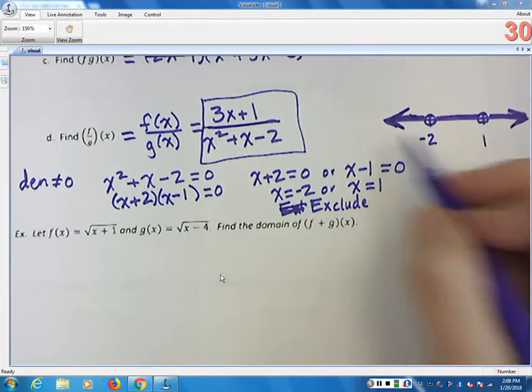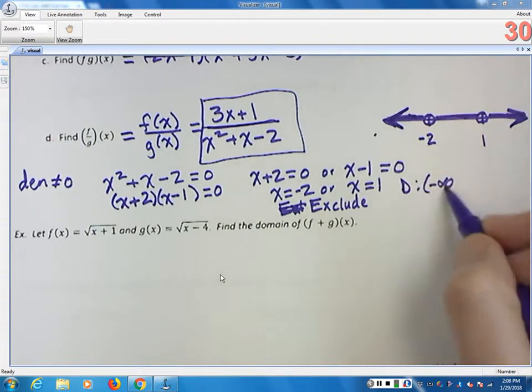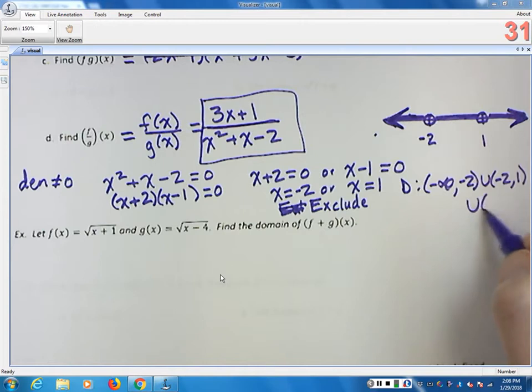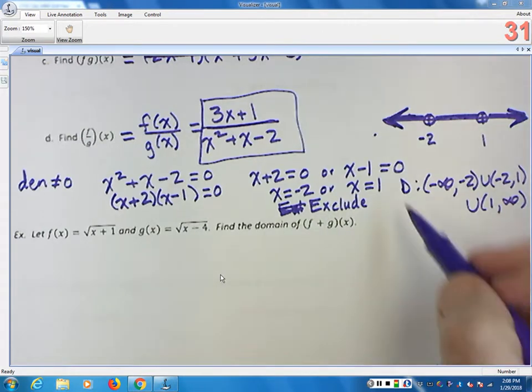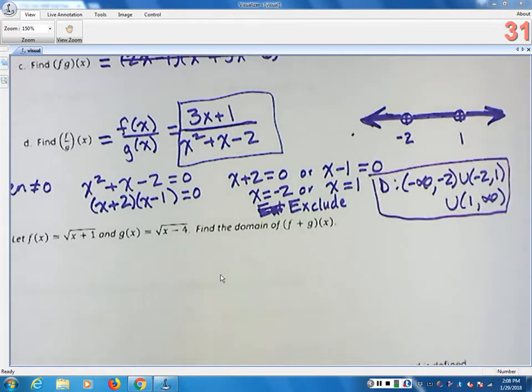You're going to have minus infinity to minus 2, union with minus 2 to 1, union with 1 to infinity. 1, 2, 3 intervals. And that's our domain. The only one that had a domain other than minus infinity to infinity was this last one where we're dividing by g of x, because we have variables in the denominator.